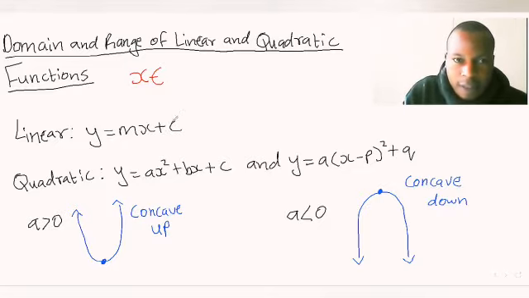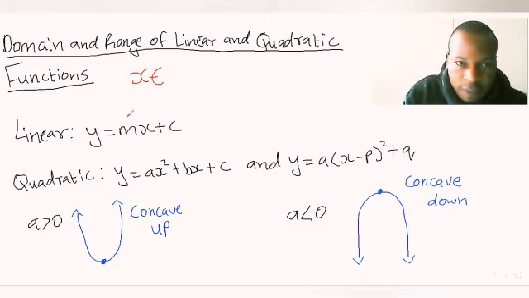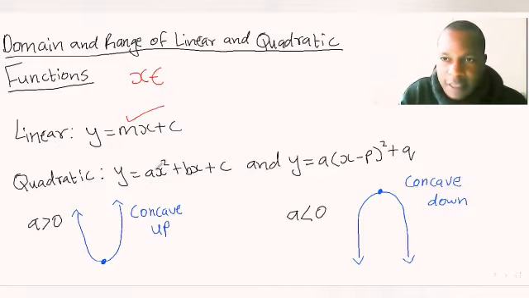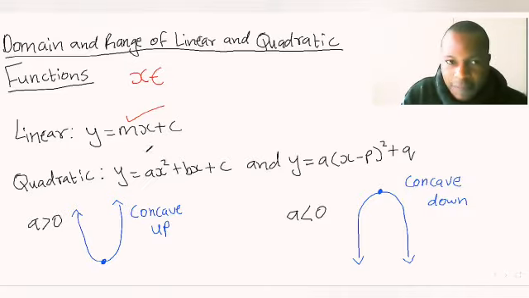Depending on the function that we are dealing with, we pick all the values that are allowable for that function. If you look at the linear function, this function over there with its equation, you can essentially put in any value of x. If you choose any value of x, there will not be any mathematical mishaps.